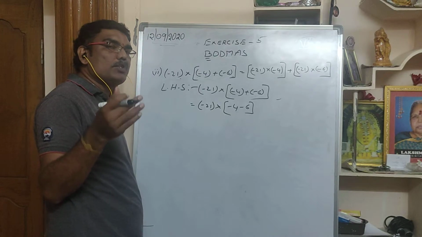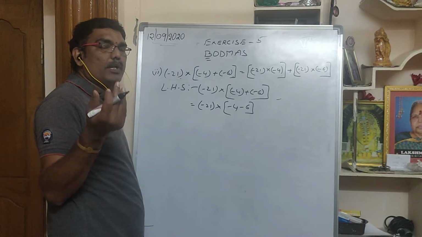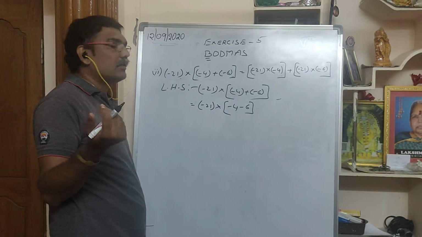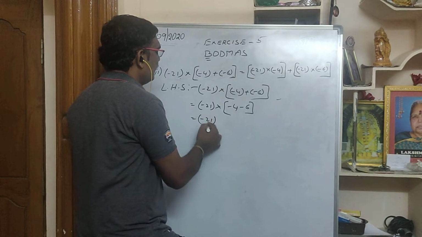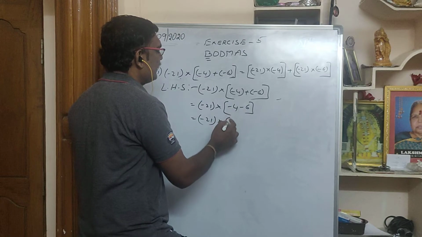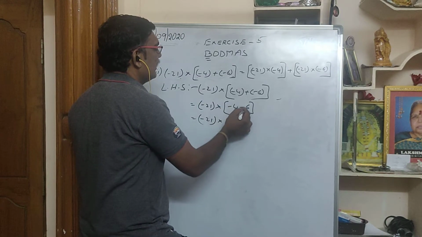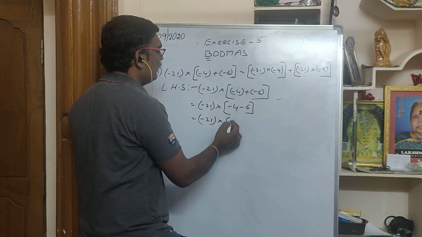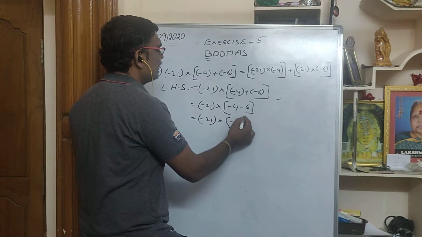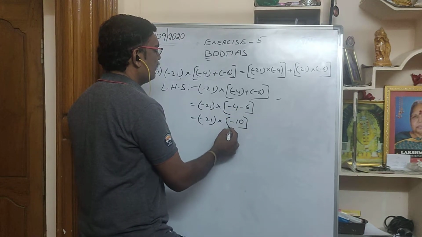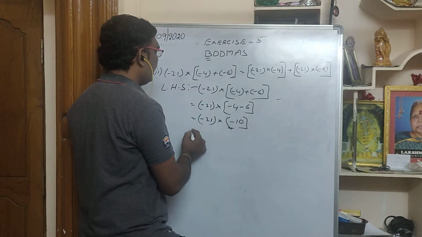So how much money you have taken from your mother is minus 4 minus 6. If you have the same symbols and want to add, you keep the same symbol and add the two. 4 plus 6 is how much here? 10. So minus 21 into minus 10.